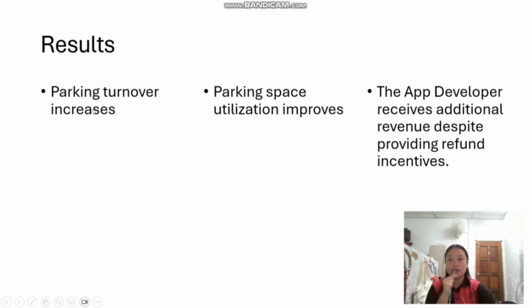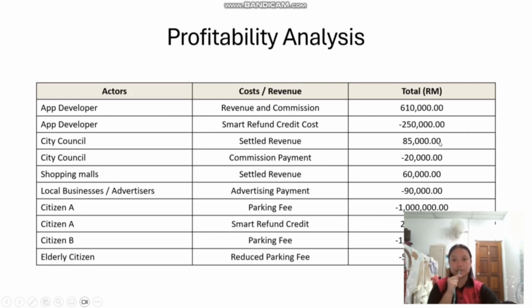As a result, parking turnover increases, parking space utilization improves, and the app developer receives additional revenue despite providing the refund incentive. So this is the profitability analysis. The app developer still maintains positive revenue because the second parking transaction helps offset the smart refund cost.